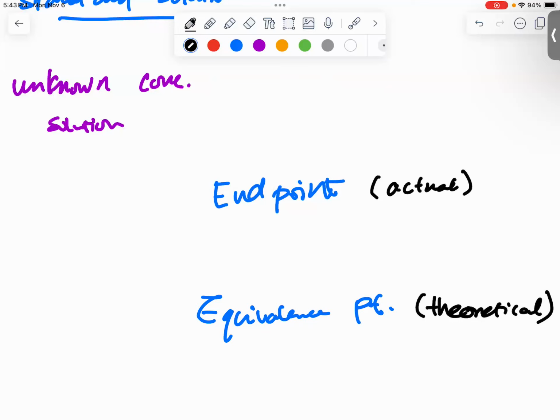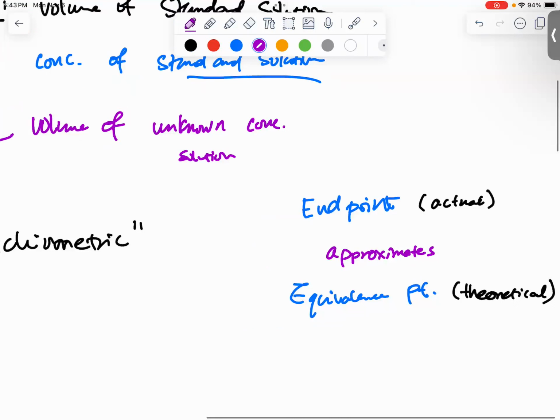The equivalence point would be exactly where it turns pink, but the endpoint is based on observation. So the endpoint approximates the equivalence point, and that's why when you do your titration, at the very end, when you start seeing pink, you gotta go slow. You do it drop by drop.